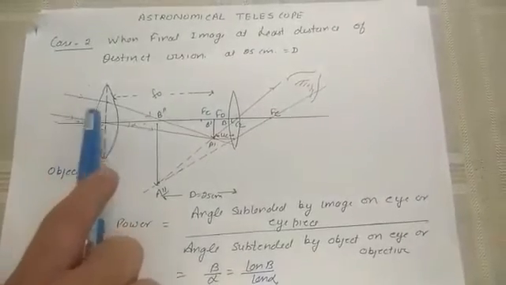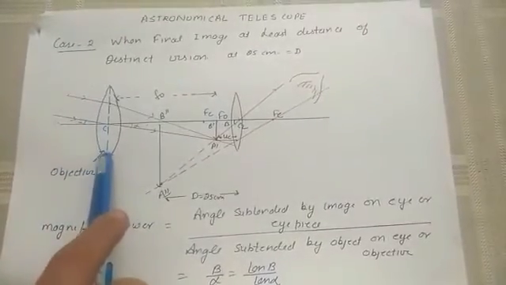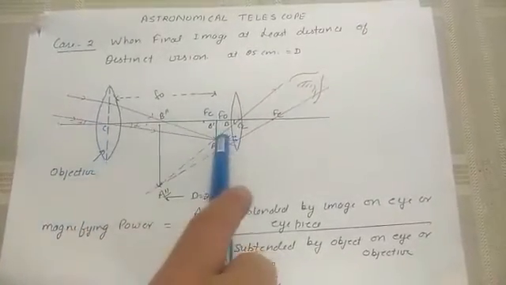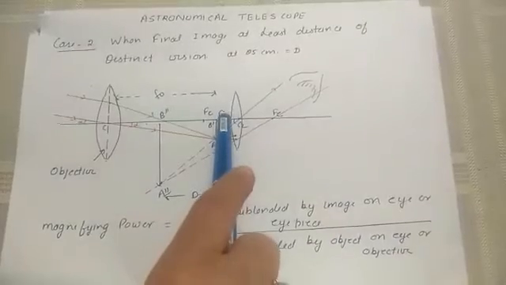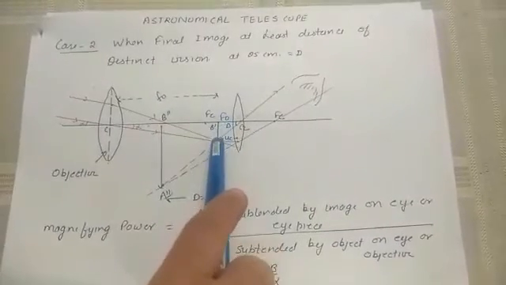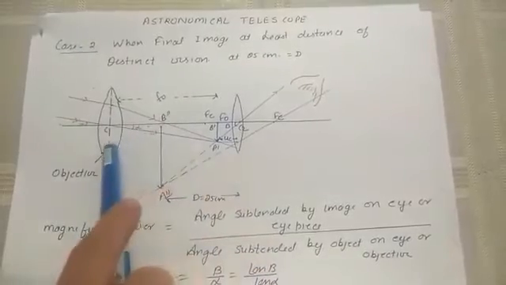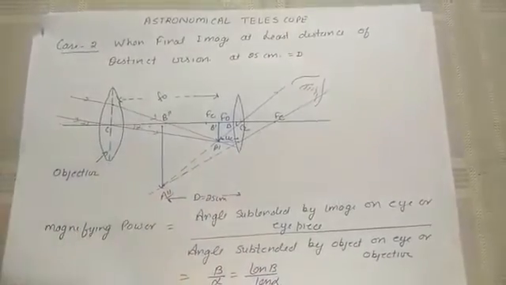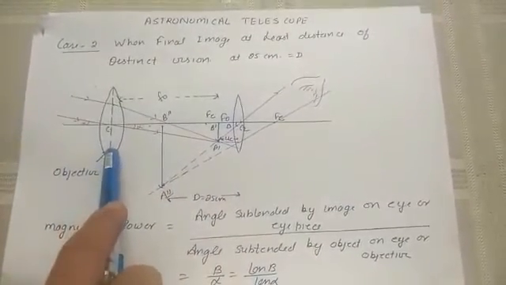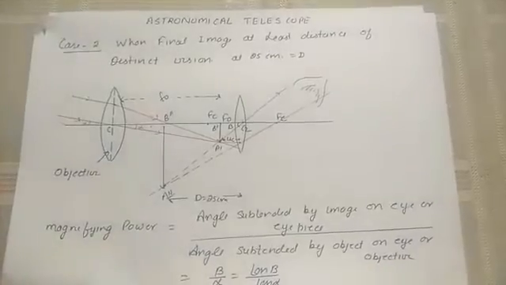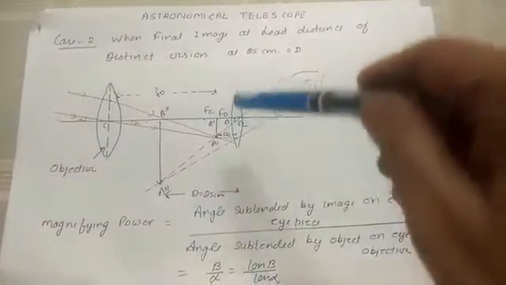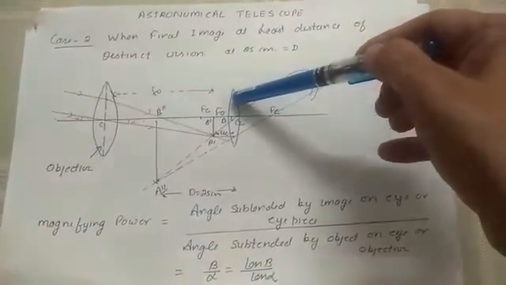And naturally this objective lens will make its image at its focus. This is focus FO. So this A dash B dash is the image formed by the objective of the object which is at infinity. Now the role of eyepiece.